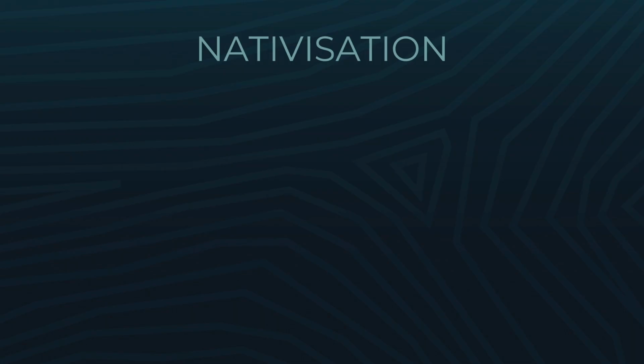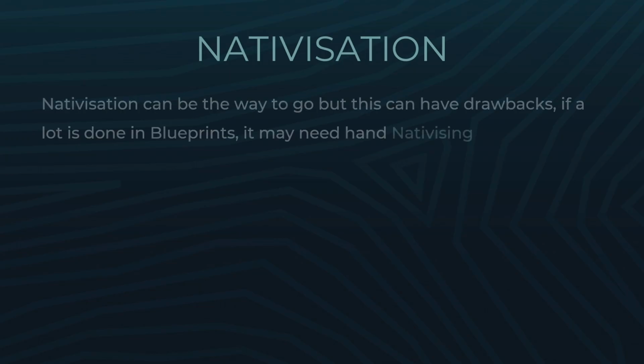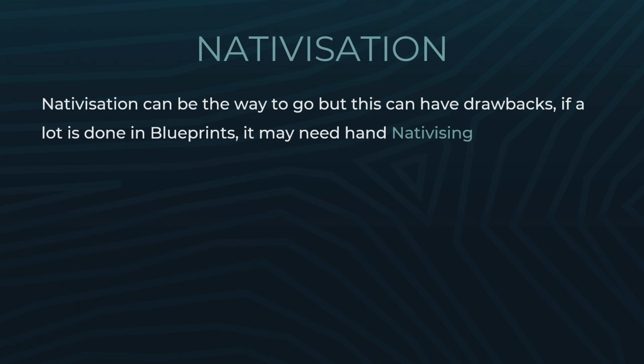So if we want to look at optimizing our blueprints, one approach we could take is nativization. Nativization is great because you're converting that blueprint to code, but it is very manual, takes a lot of time, and it has some issues. In Unreal 4, there was the automatic nativization method for exclusive and inclusive nativization.